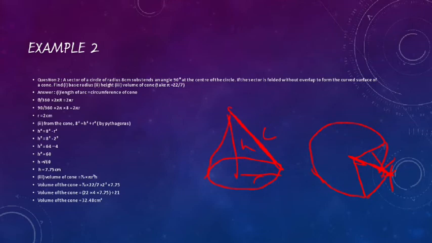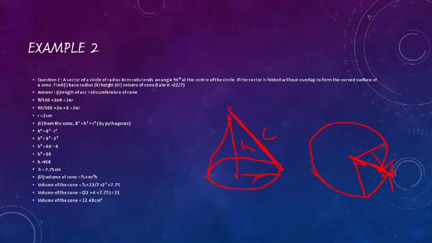It is given as 8. Then 8 squared equals h squared plus r squared from Pythagoras theorem. Our r is 2 centimeters, the one we calculated. If you substitute the values and collect like terms, we have h squared to be 60. Find the square root of 60, you have h to be 7.75 centimeters.